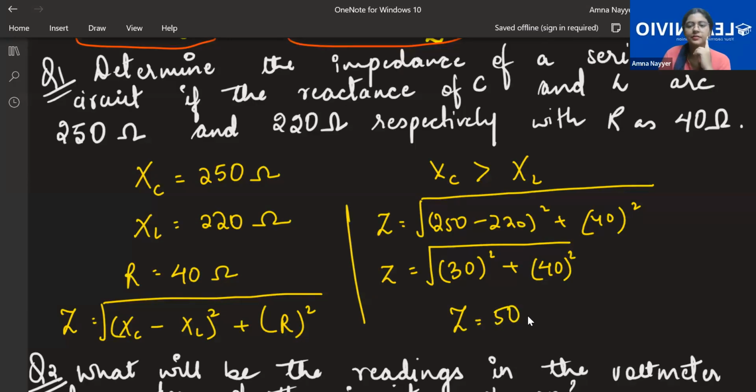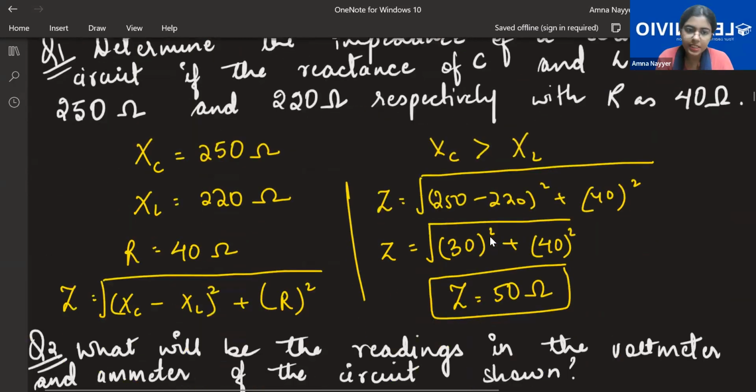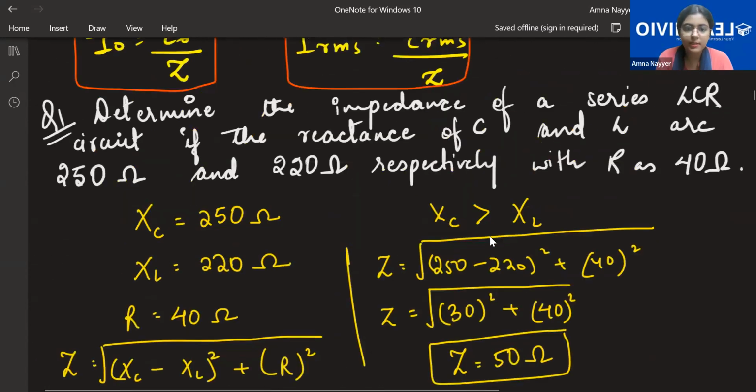So 50 ohm. What is 50 ohm? 50 ohm is the impedance, the complete total value of the resistance of this circuit, which has a resistor, inductor and capacitor also. Okay, so write down this question, then one more concept we'll discuss.